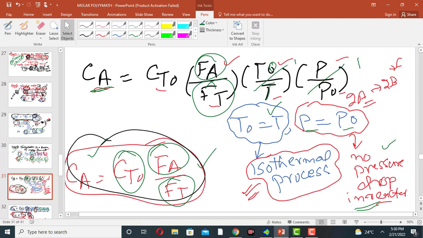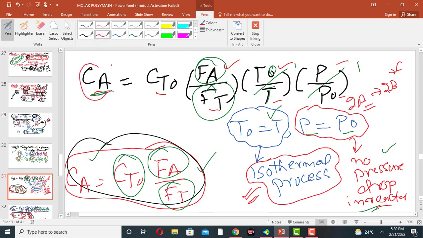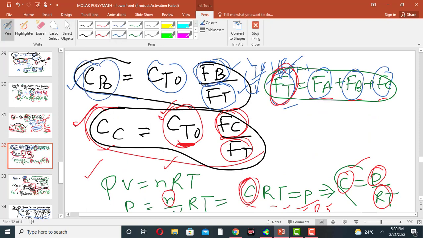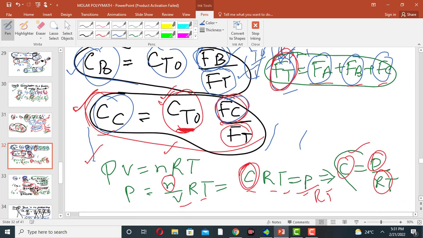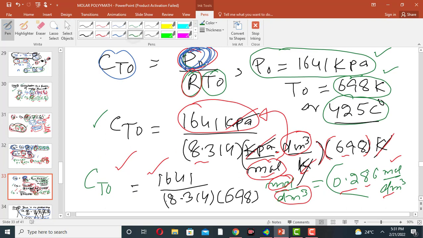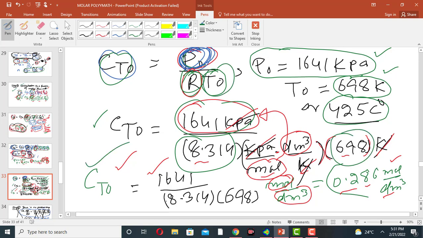This was the relation between concentration and flow rate of component A, this was for component B, and this was for component C. We also determine C by using the ideal gas law: C is equal to P over RT. So Ct0 was equal to P0 over RT0. The P0 value was given to us, R is the gas constant, and the temperature was 698, so Ct0 was 0.286 mole per dm cube.